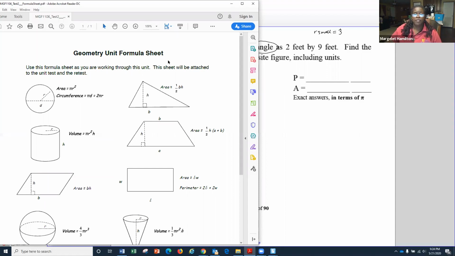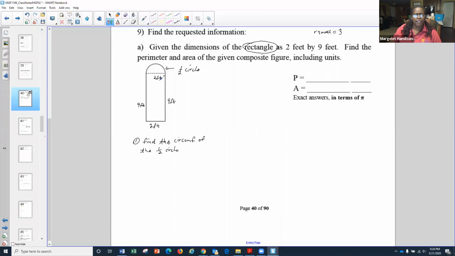And in our problem, they gave us a diameter, so I'm going to use pi d. Remember, pi d is the circumference of the whole entire circle, but I only need half of it. So circumference equals half pi times d.